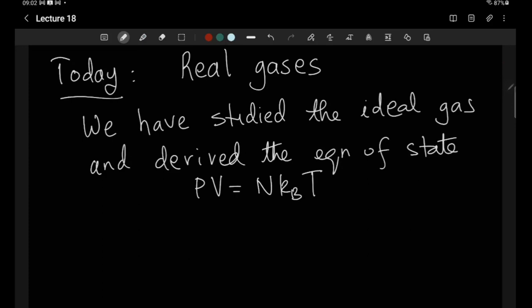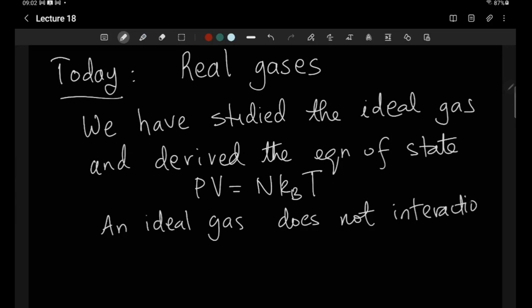So the statement here is that an ideal gas does not include interactions between the particles.